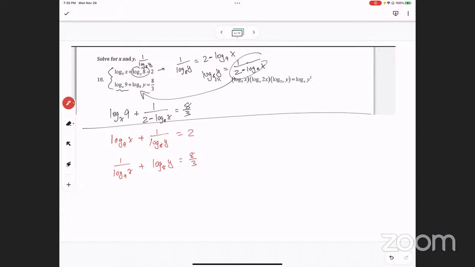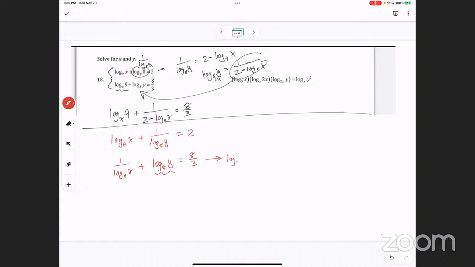So I'm going to write this equation down here as I'm going to solve it for this and then plug that in. I'm going to do it and see what happens.